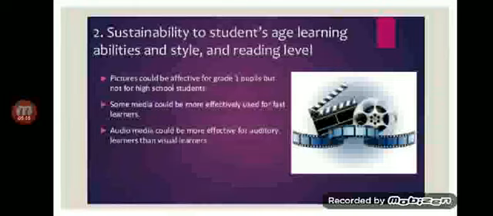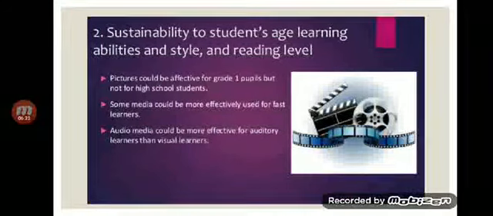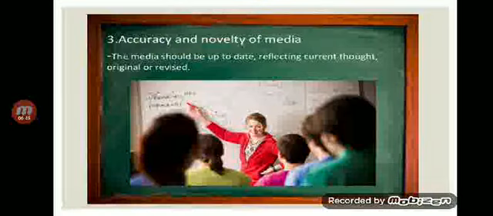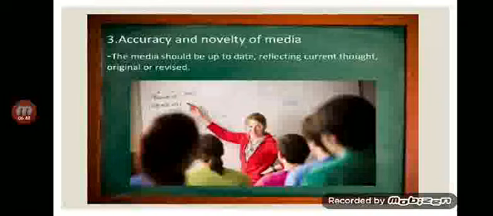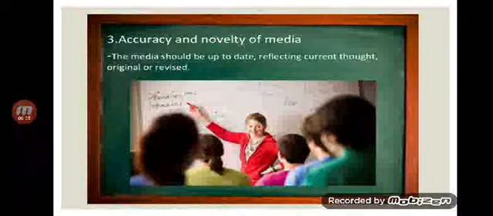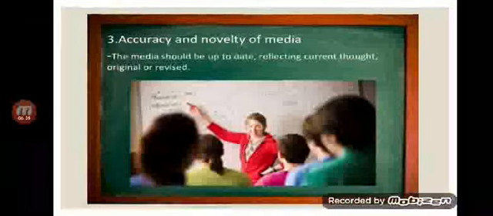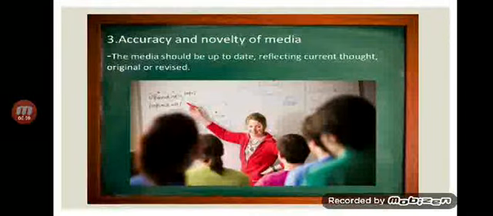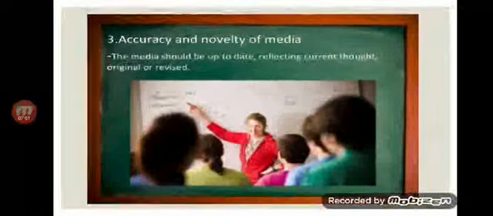Audio media could be more effective for auditory learners than visual learners. And then accuracy and novelty of media. So the media should be up to date, reflecting current thought and original or revised. Accuracy and novelty is nothing but originality.